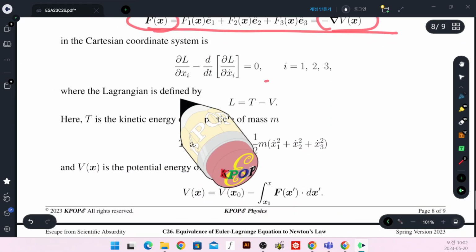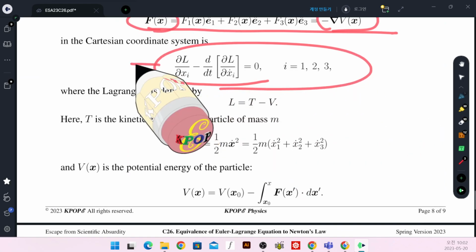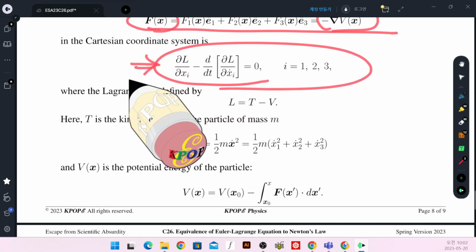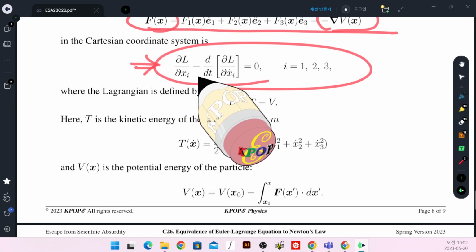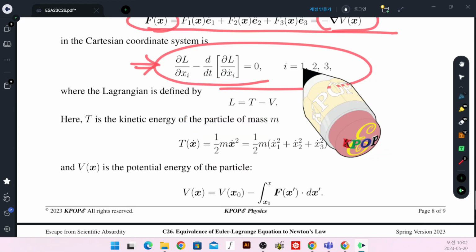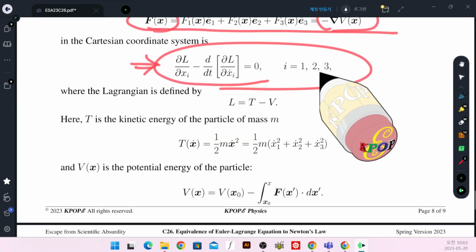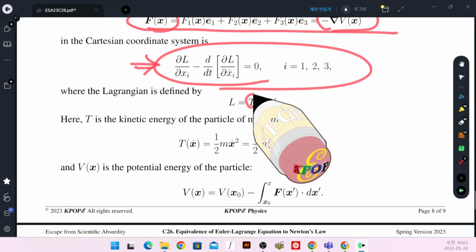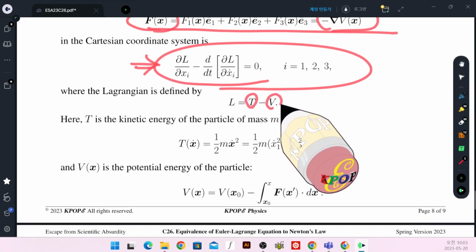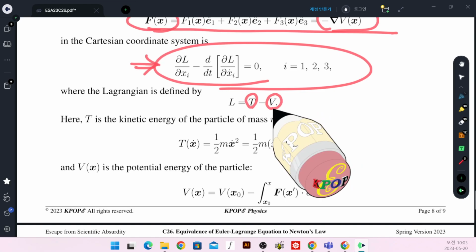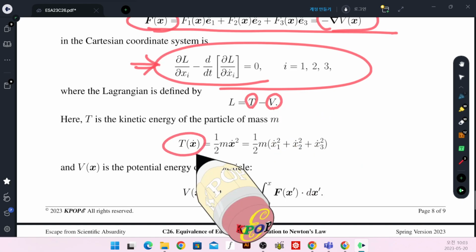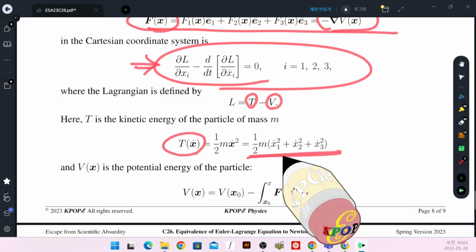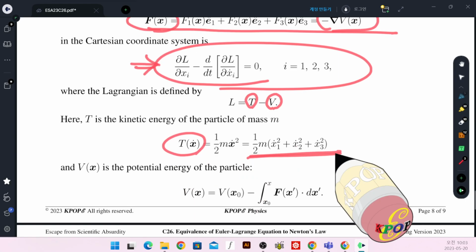Now we'd like to show that this is the Euler-Lagrange equation for vector indices 1, 2, 3; i runs from 1 to 3. And we call this Lagrangian function, which is a scalar, the kinetic energy subtracted by the potential energy. Remember that the kinetic energy is a function of velocity only.